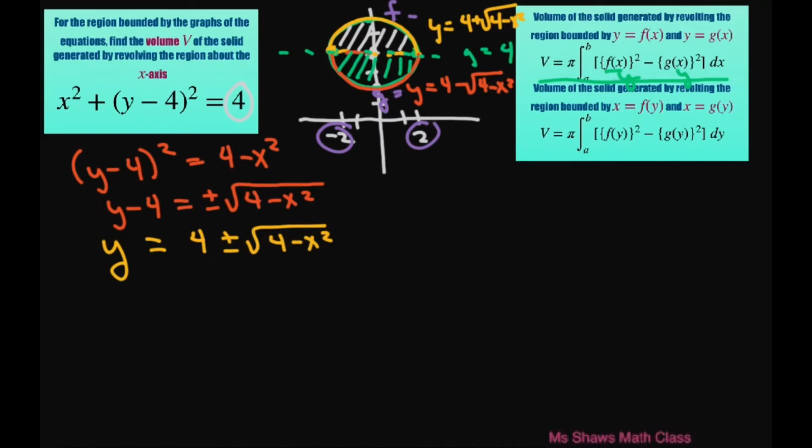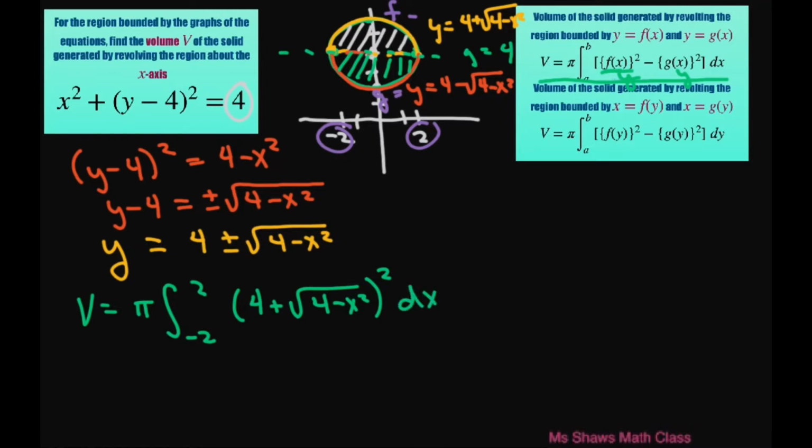So we can write our volume as pi times the integral from negative 2 to 2 of f of x, which is 4 plus the square root of 4 minus x squared, squared, dx. For g, we do the same thing but subtract: minus pi times the integral from negative 2 to 2 of 4 minus the square root of 4 minus x squared, squared, dx.